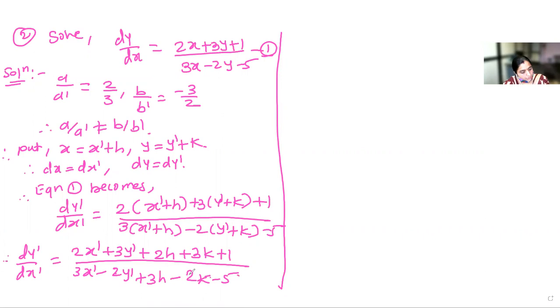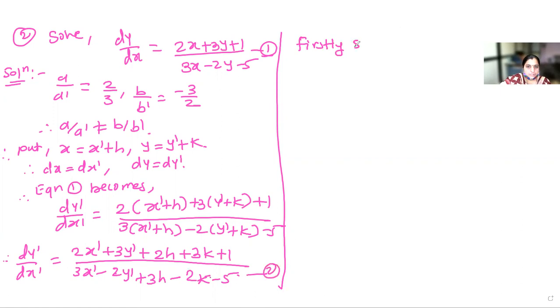So here we firstly solve this equation in h and k. h and k means we have to solve the equation. After solving the equation, firstly give here equation number 2.